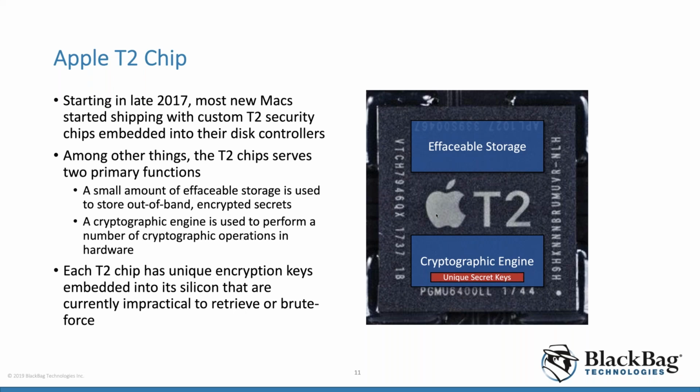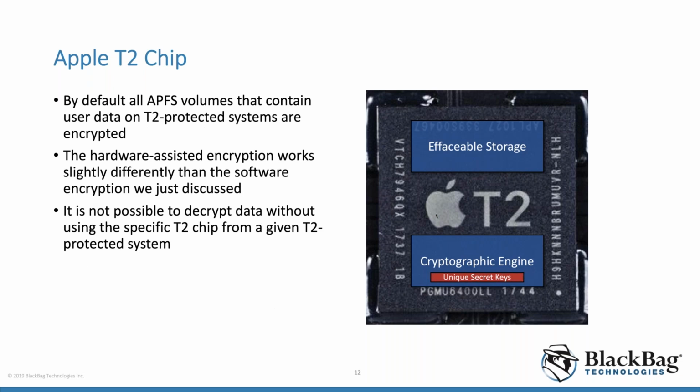And more importantly, the T2 chip itself contains a cryptographic engine that is used to perform a number of cryptographic operations on hardware, such as key unwrapping and most of the actual encryption and decryption itself. Each and every individual T2 chip also has its own unique set of encryption keys, which are embedded inside the chip itself. And as far as we're aware, there is no practical way of retrieving or brute forcing these keys from the chip without destroying the chip itself. And if you destroy the chip, you're not going to be able to get access to the data.